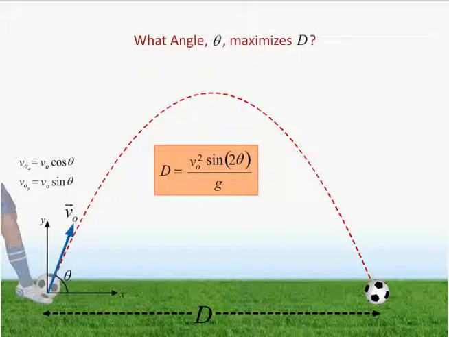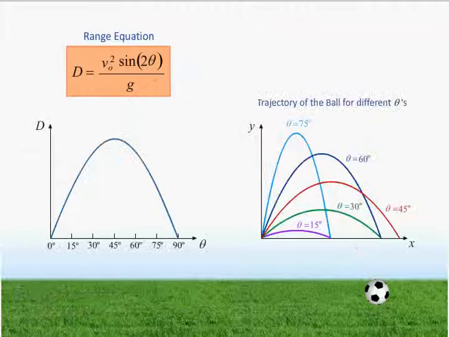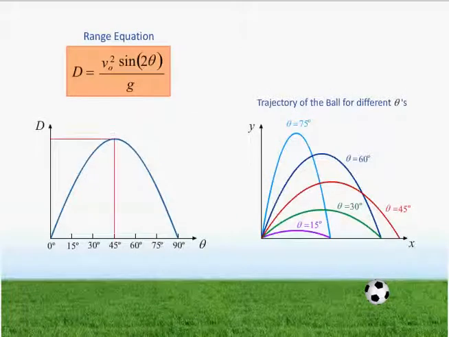When we do this, we obtain the usual form of the range equation. Thus we see that the distance d is proportional to the sine of 2 theta. We now plot the range d as a function of theta. We see that d reaches its maximum value when theta is equal to 45 degrees.